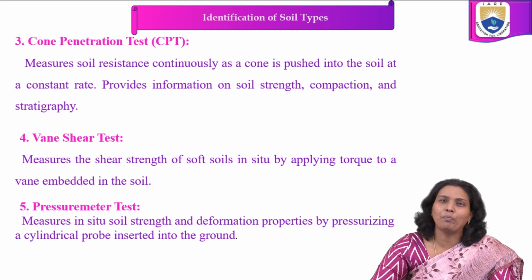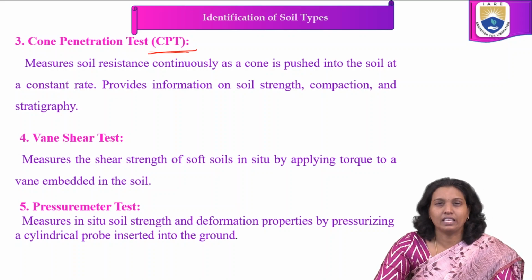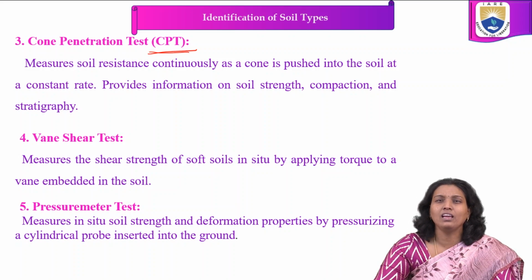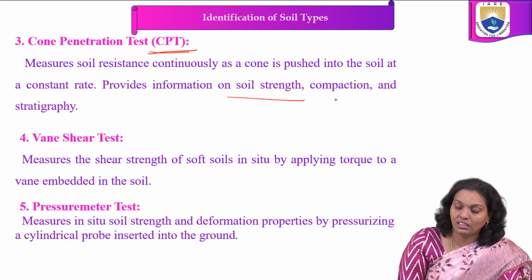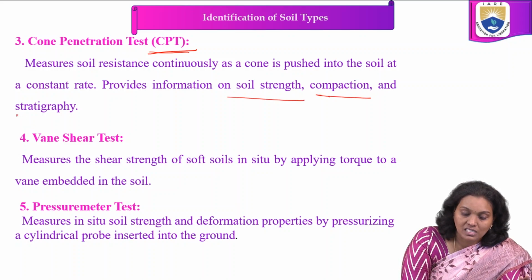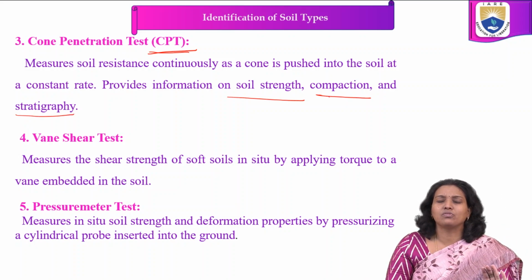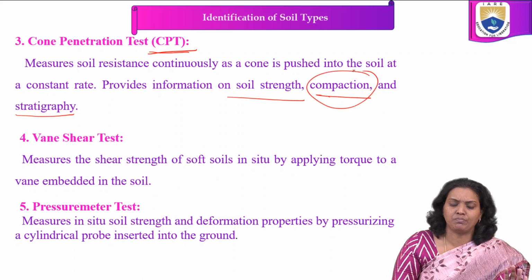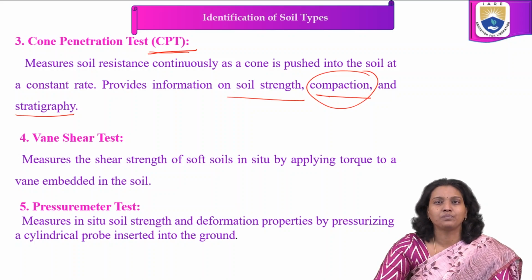Next, moving to the cone penetration test, CPT. In this, we measure soil resistance continuously as a cone is pushed into the soil at a constant rate. It provides information again on soil strength, compaction and stratigraphy. These are the properties which we understand by conducting the cone penetration test.